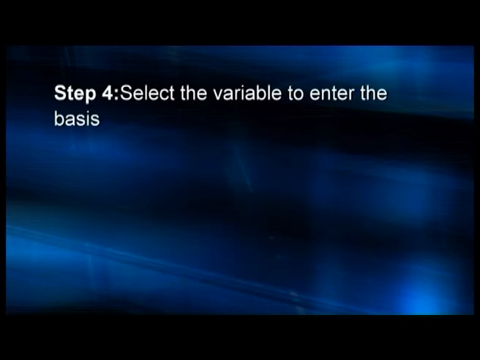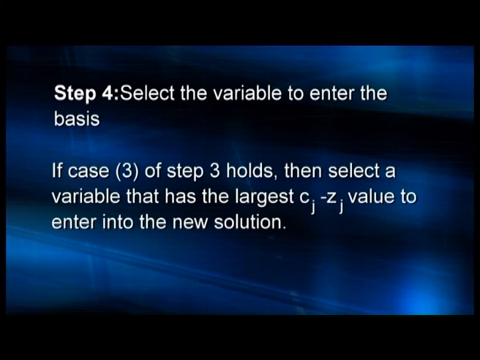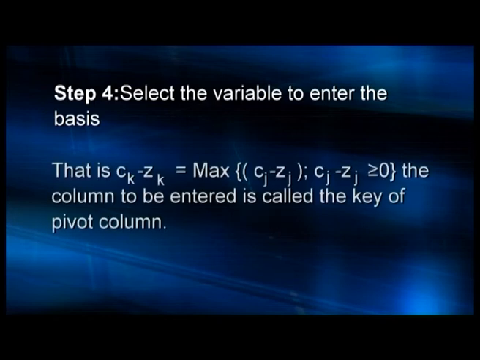Step 4. Select the variable to enter the basis. If case 3 of step 3 holds, then select the variable that has the largest Cj minus Zj value to enter into the new solution. That is, Ck minus Zk is equal to the max of Cj minus Zj, where Cj minus Zj is greater than 0.